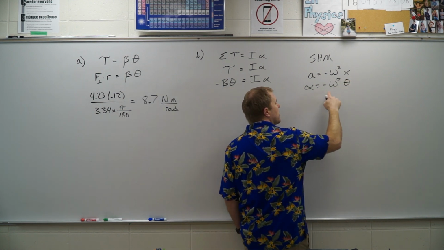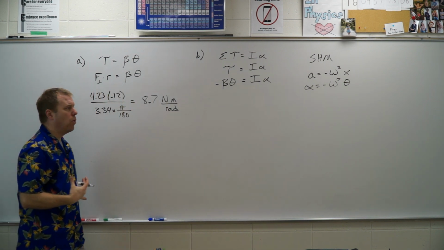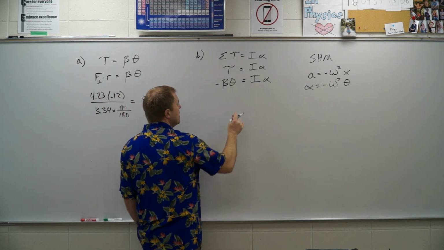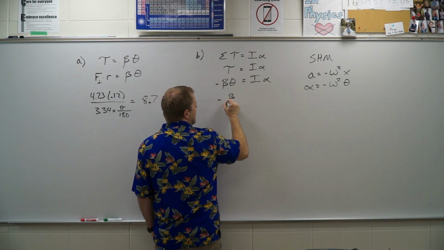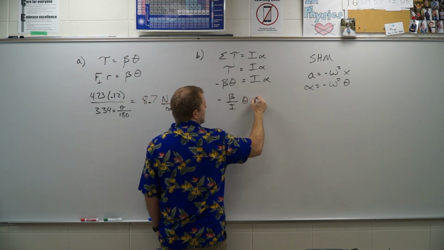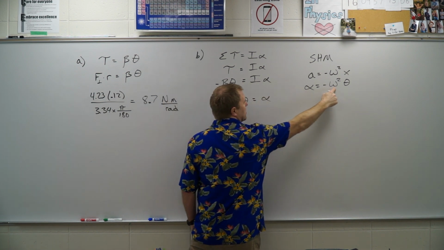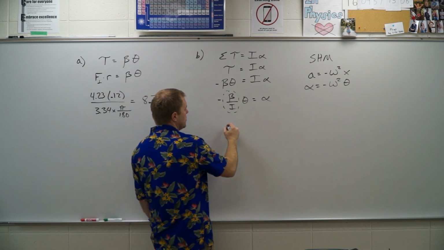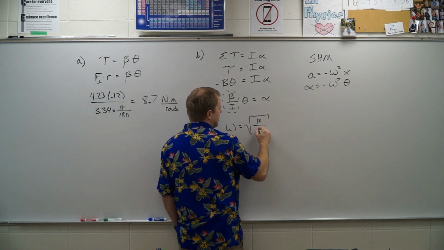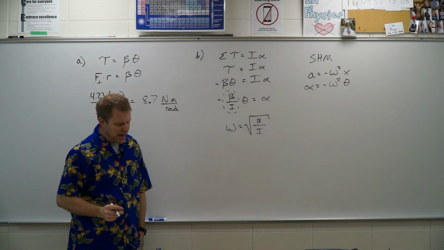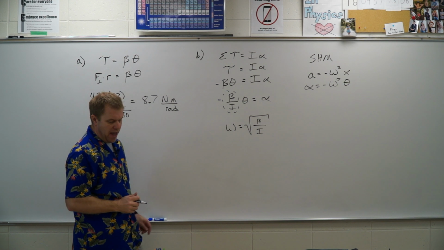So I just need to get this equation into that format to figure out what omega is. I divide the I over, and I see I have negative beta divided by I times theta equals alpha. This term here is my omega squared term. So omega is equal to the square root of beta divided by I. I should be able to plug in those values here.